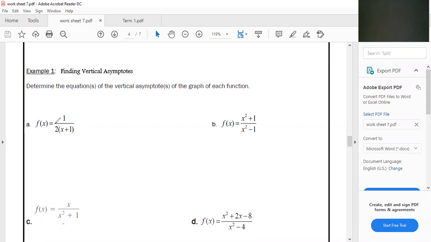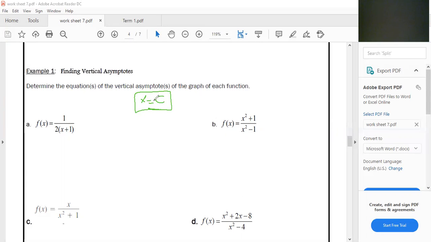It is a vertical line at which the curve of the function goes to infinity or negative infinity. The curve of the function never intersects this vertical asymptote. How do we get the equation of a vertical line? The equation of a vertical line is x equals a constant. That is the equation of any vertical asymptote.